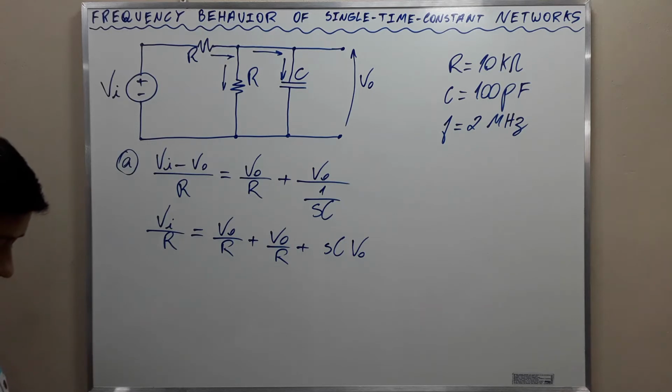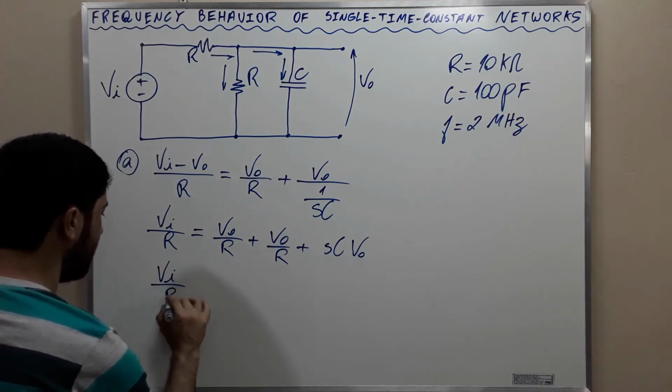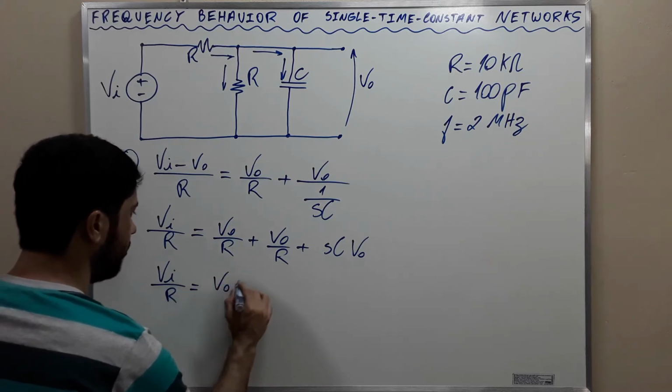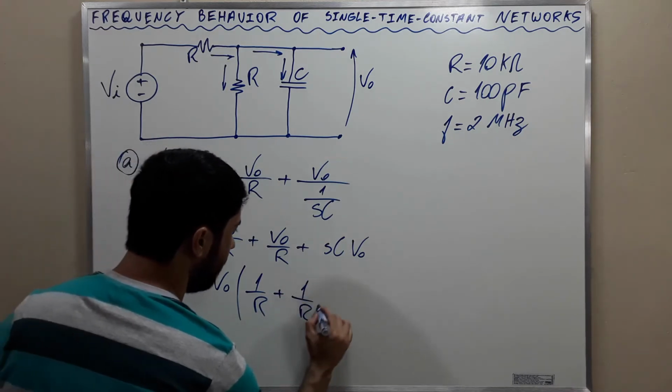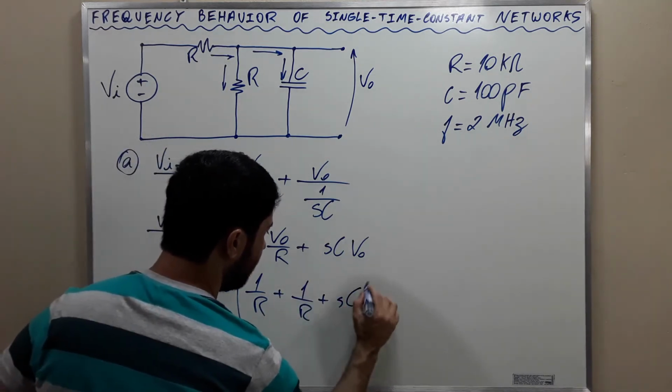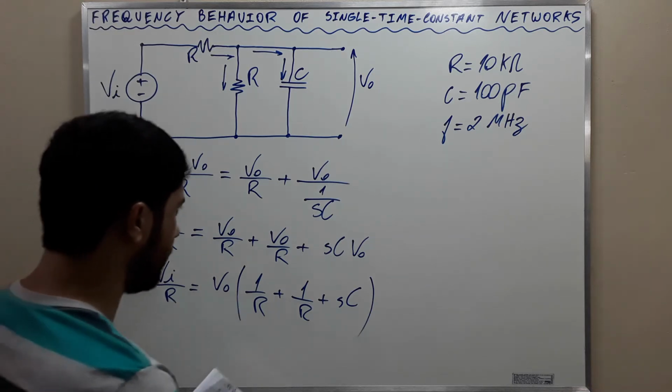Okay? We are going to put it in terms of V0, and we get that VI divided by R is equal to V0 times (1 over R plus 1 over R plus SC). Okay? Did you get it? Let's move on.